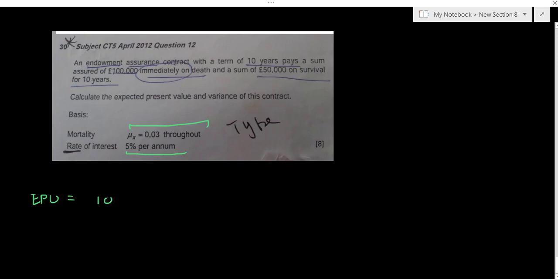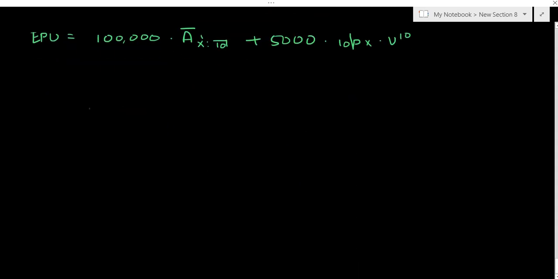So the EPV would be 100,000 into the immediate term assurance, Ā^1 x:10, since the payments are immediately on death, the age is not given, so x and 10, plus 50,000 pounds on survival. This is multiplied by the probability that a person aged x survives for the next 10 years, 10px, and discounted by a factor of v^10.